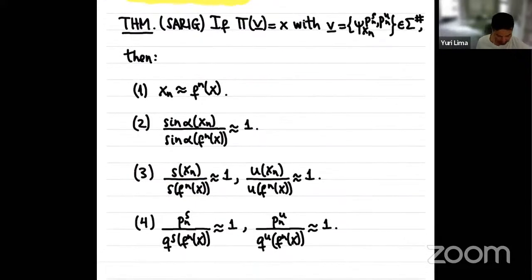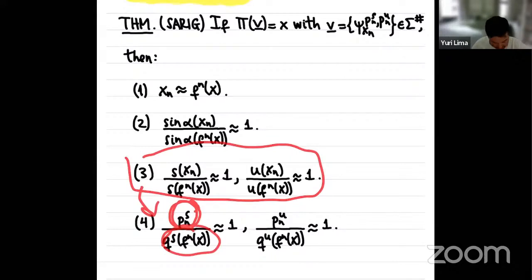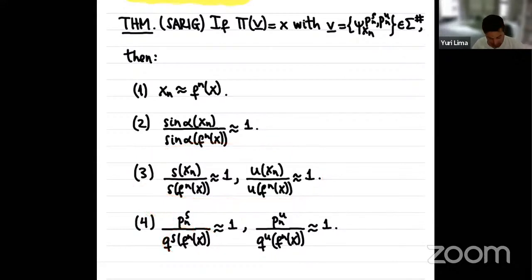And using the recurrence properties that p_n^s and q_n^u have, this allows us to actually prove that the window parameters are also very much related. So in the coarse graining, we approximated these to shadow everything that we wanted.